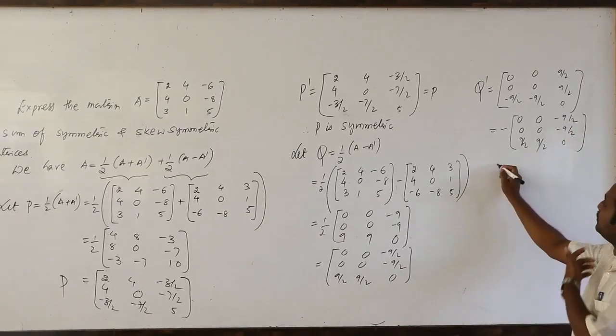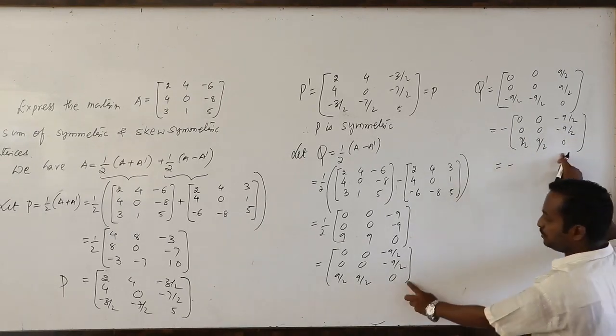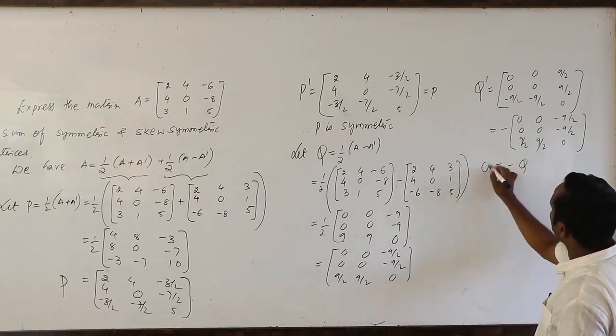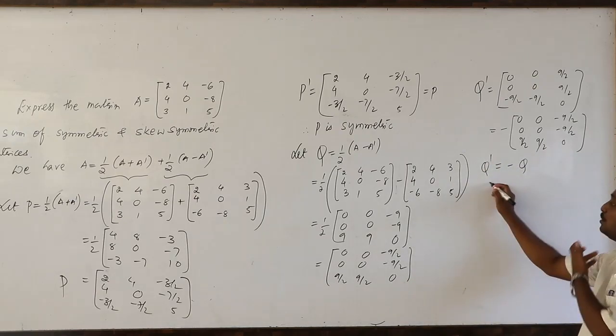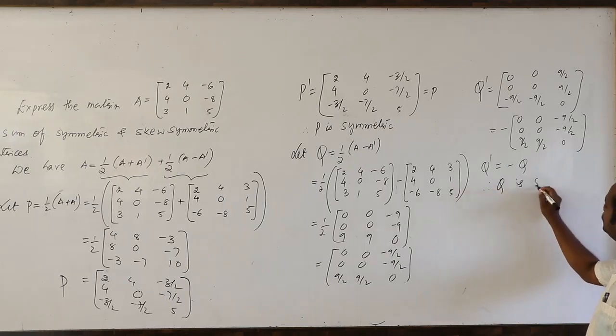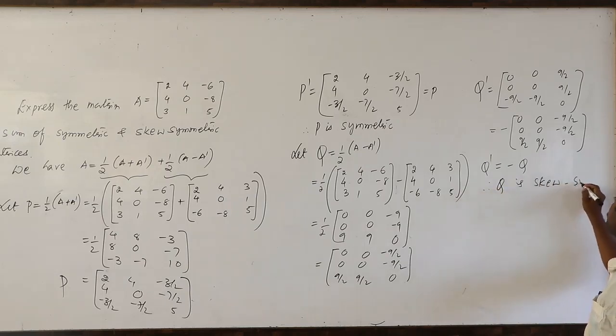Taking minus common, we get 0, 0, minus 9 by 2; 0, 0, minus 9 by 2; 9 by 2, 9 by 2, 0. So this is nothing but Q. Observe the point: Q dash is equal to minus Q. The conclusion is that Q is a skew symmetric matrix.